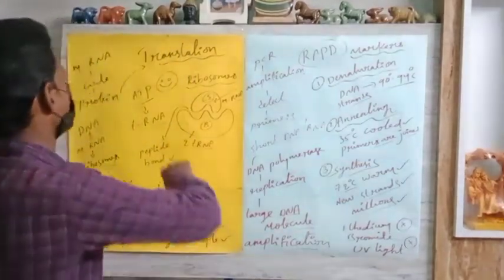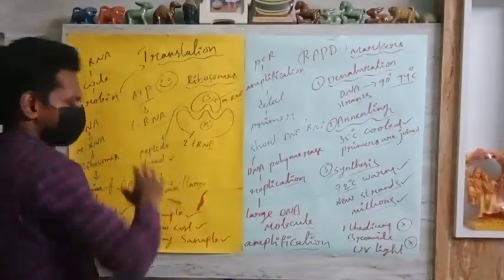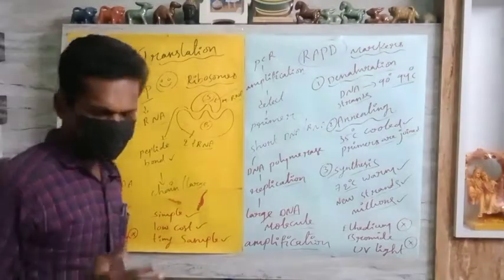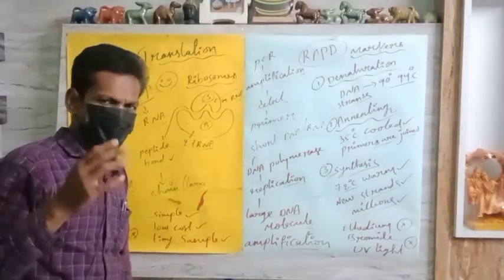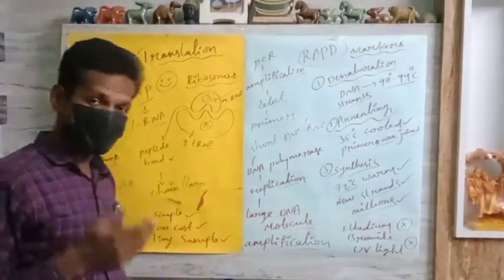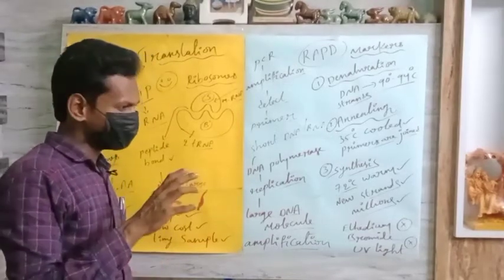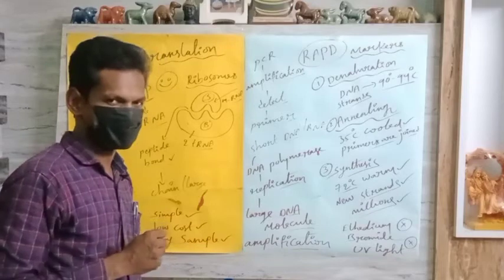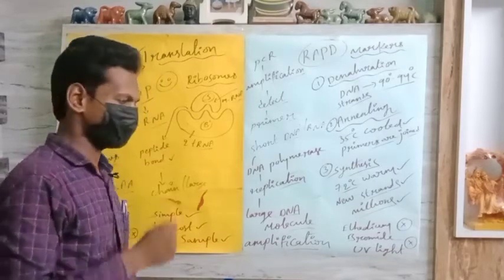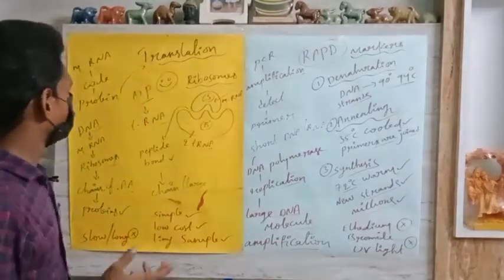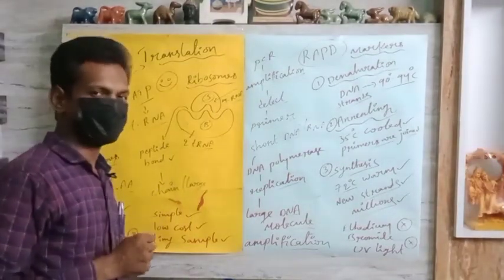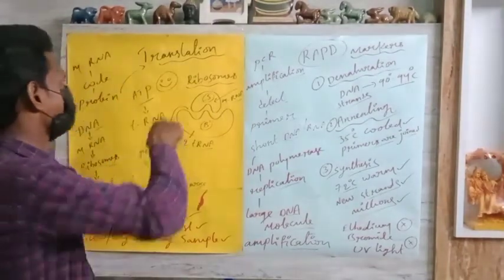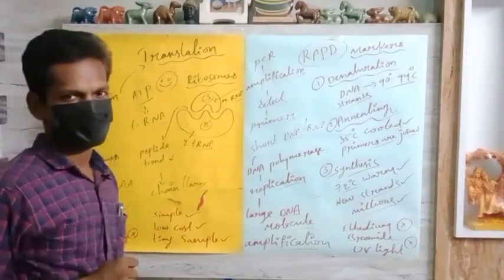Here, the term translation, I think you are very familiar. Do you know the term replication? Especially DNA replication, the semi-conservative method, one of the famous methods in the world proposed by scientists. And do you know transcription? And the third one is translation.